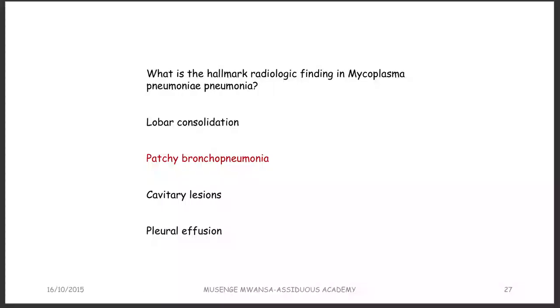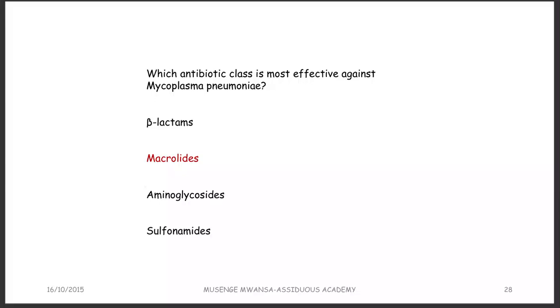What is the hallmark radiological finding in Mycoplasma pneumoniae? We had mentioned it's a patchy bronchopneumonia. When you examine someone, they might not appear well, but when you do imaging, this patchy bronchopneumonia will be prominent.